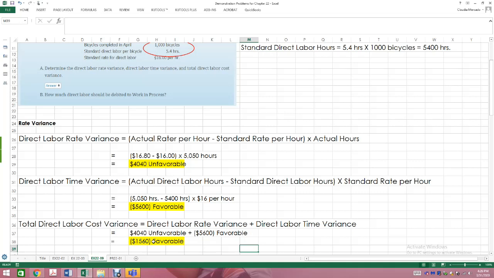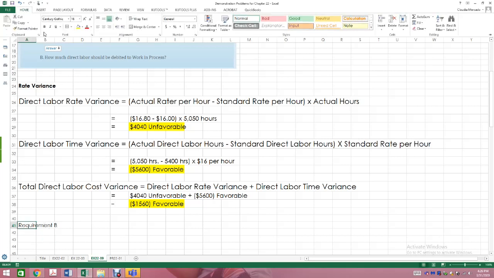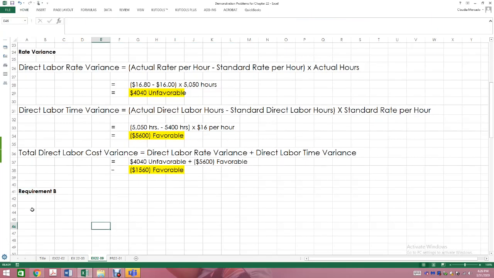Okay. Now, requirement B. How much direct labor should be debited to work in process? So first I'm going to get my standard hours at actual production.